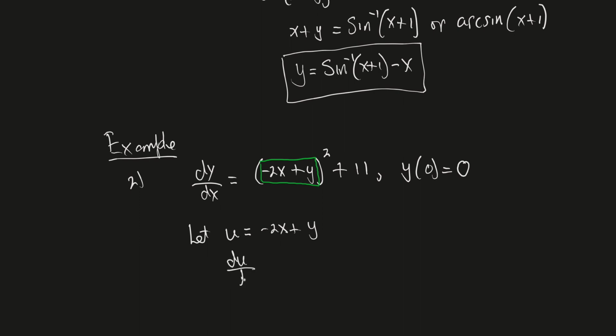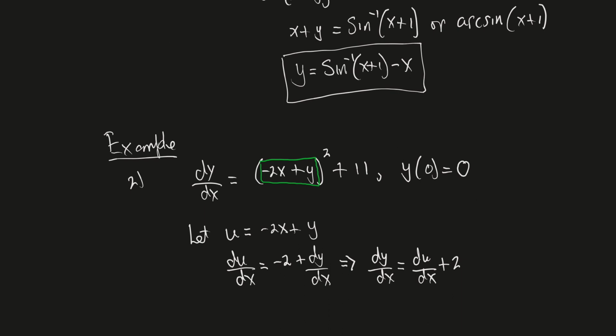So du/dx gives me negative 2, and then this y, when I differentiate it, becomes dy/dx. So let me solve this for dy/dx. We're going to have dy/dx is equal to du/dx plus 2.